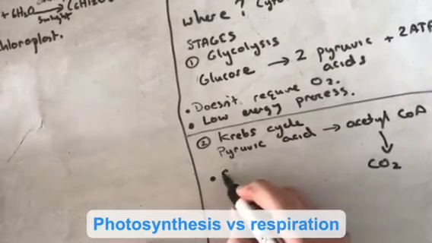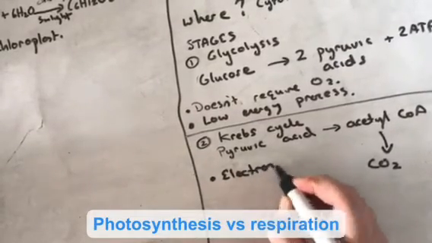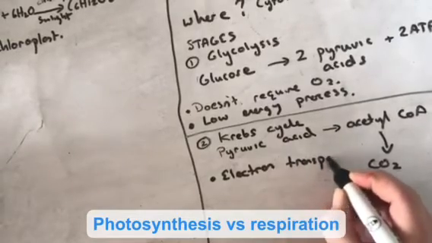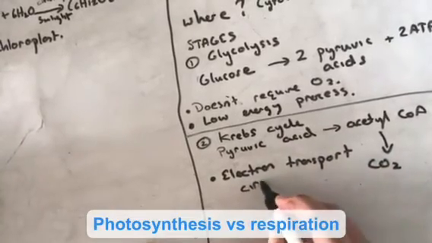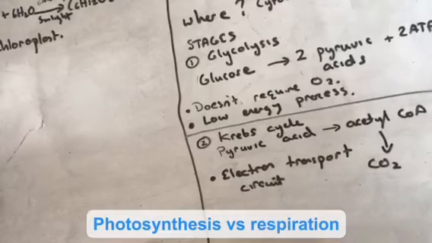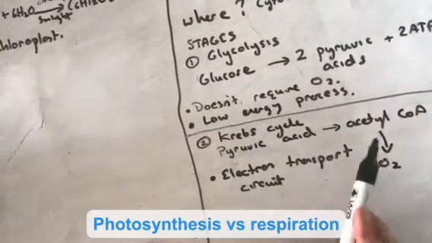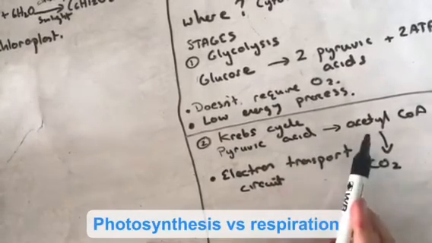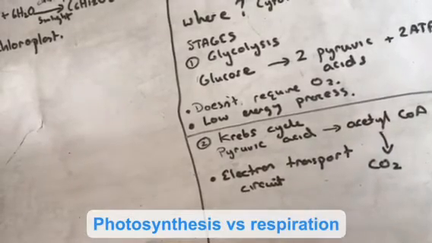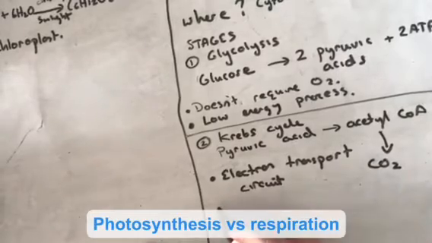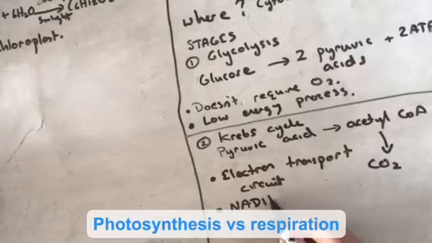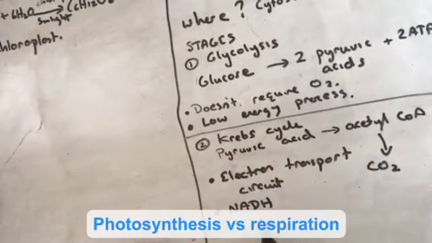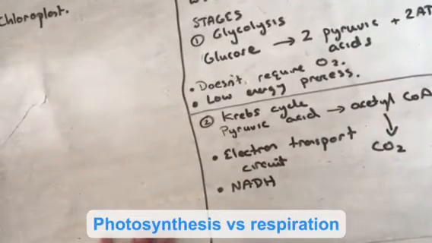There is an electron transport circuit. High energy electrons that come from the splitting of your pyruvic acid and acetyl coenzyme A get transferred around a number of electron accepting molecules, producing ATP each time. You also make NADH, the molecule that is used as a proton and electron transporter. So that's your Krebs cycle there.